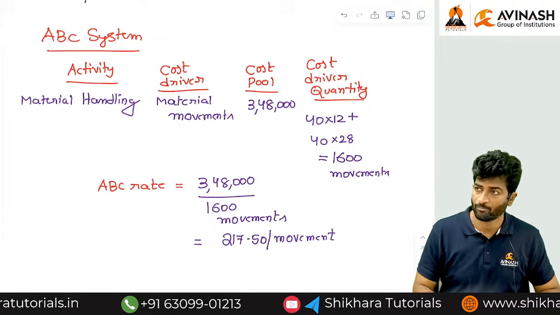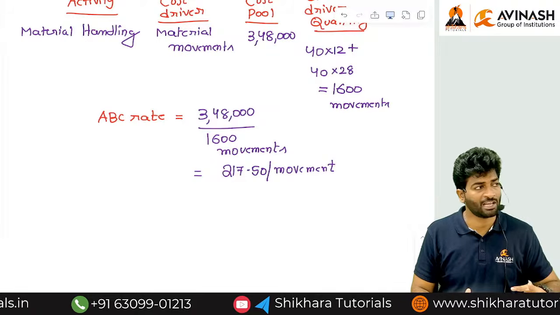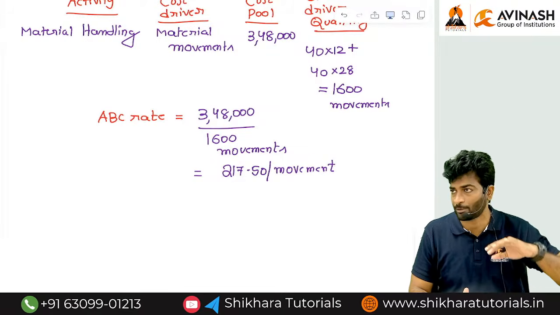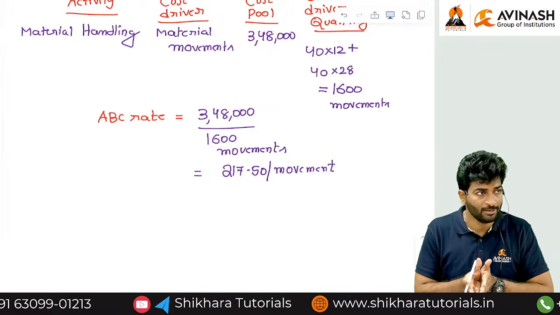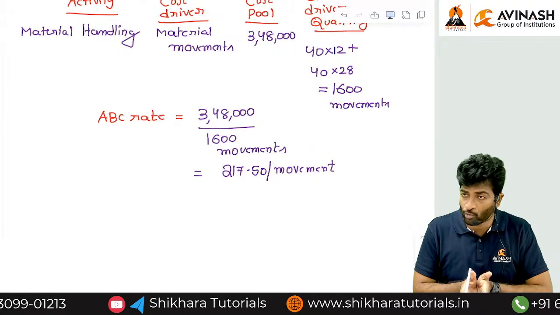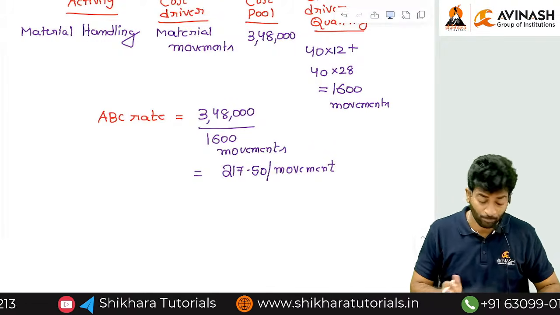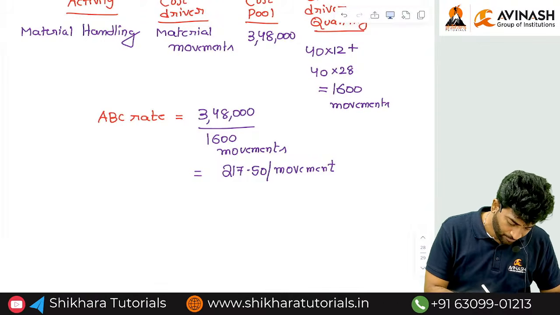Is it clear? Earlier under the traditional system, we divided by the labor hours and got 2.50 per labor hour. That is the absorption rate or recovery rate in that method. In this method, we go with the activity, and that activity is material handling. Movement is the cost driver, and we calculate this ABC rate: 217.50 per movement. Clear?